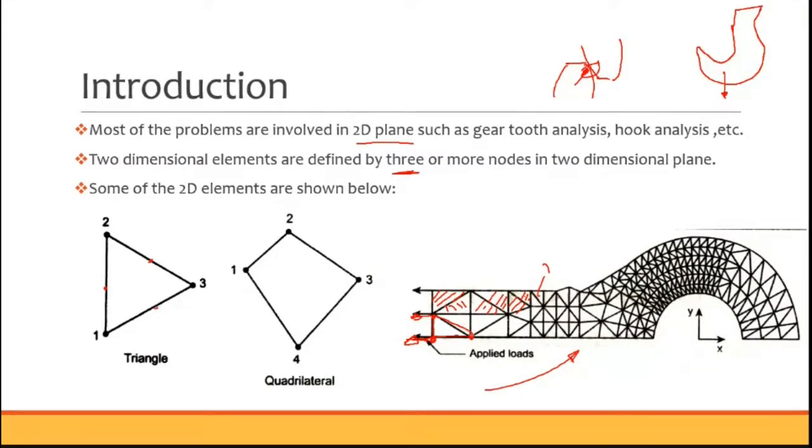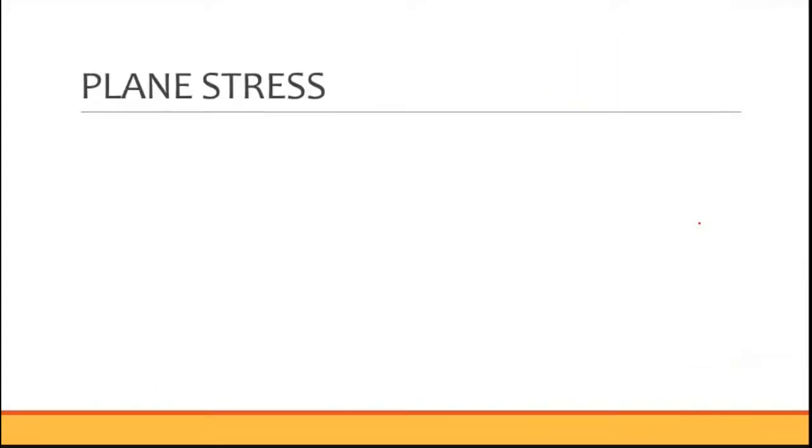If I apply this force, this will deflect. That force will be considered for this particular element, and it will go on. This is how it transfers data from one point to the other, so that you can get the overall structure of the element. These all come under two dimensions.